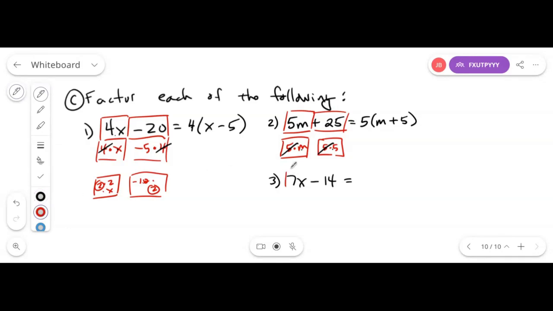Okay, so that must mean that this box has 7 times x in it, and this box has 7 times -2.